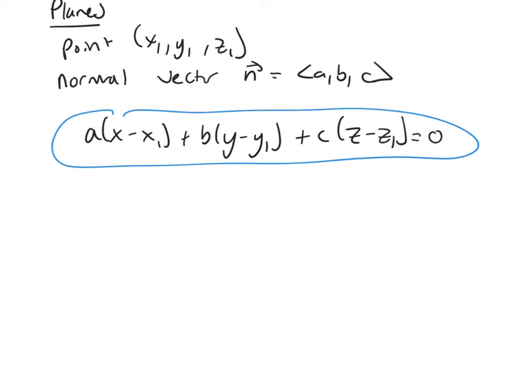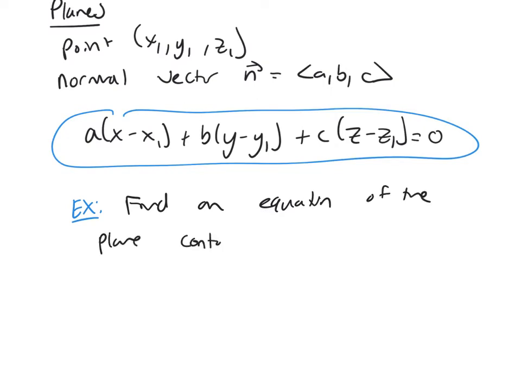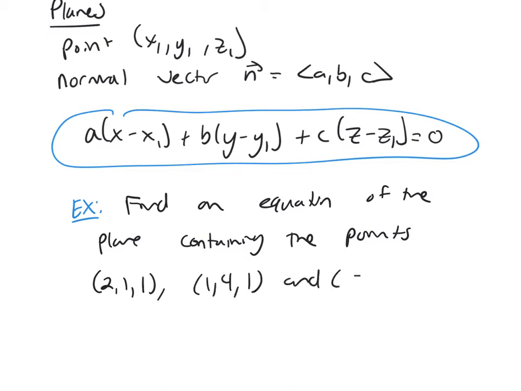So let's look at an example here. Find an equation of the plane containing the points 2, 1, 1, 1, 4, 1, and negative 2, 0, 4.